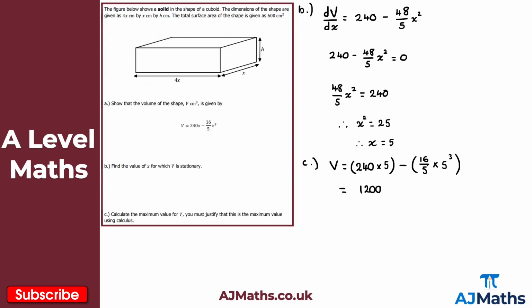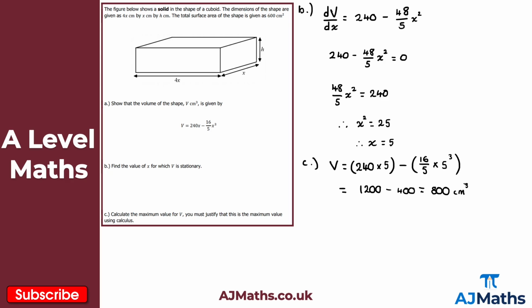If we then divide that by 5, I get 25. So 16 times 25 here, that would give me minus 400. Like so. And then 1200 minus 400 here, that would give me 800 there. Okay, so I get 800 centimeters cubed there.